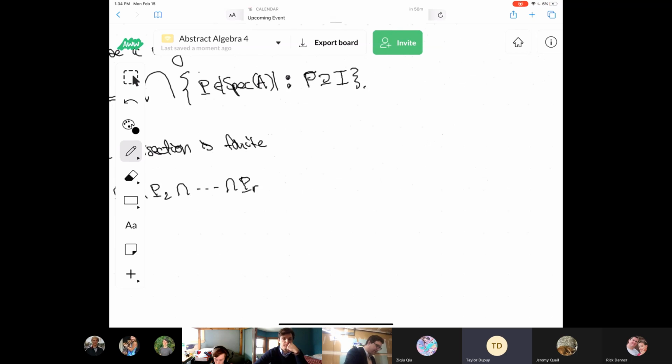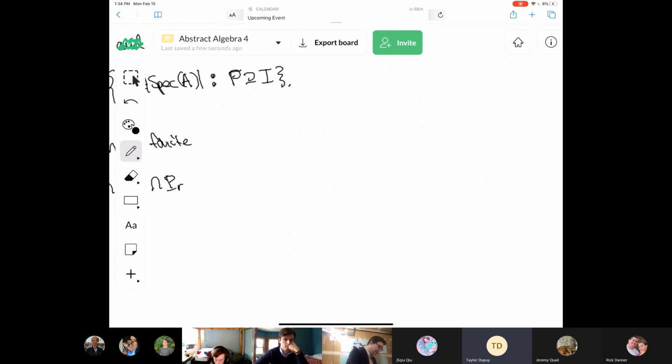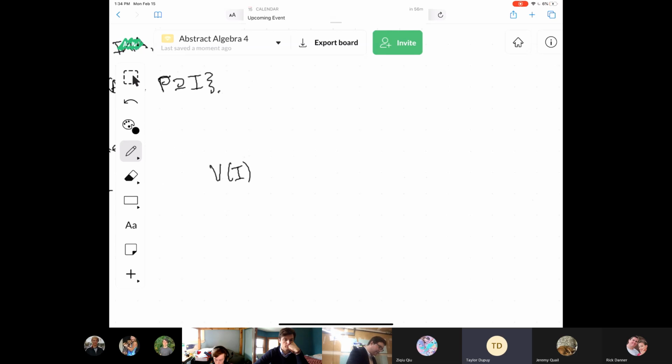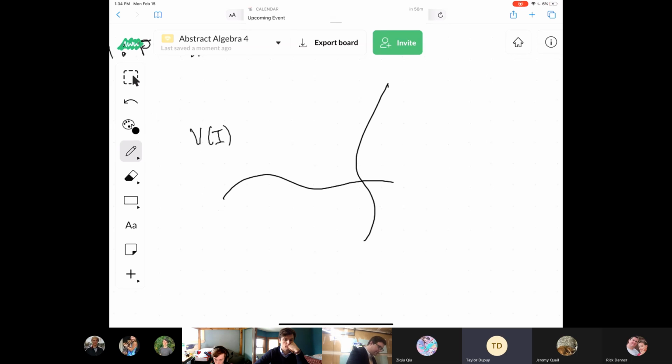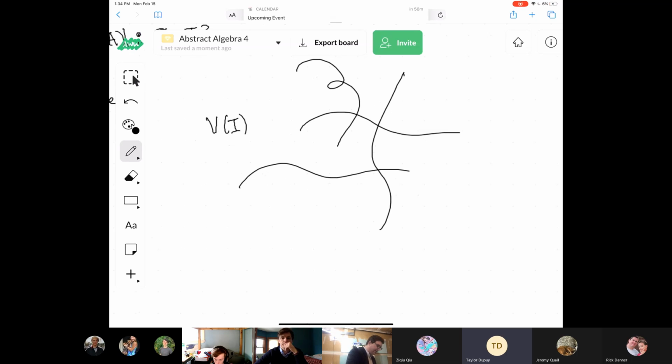The geometric meaning is the following. You'll have V of I, which will look something like this, and V of I is the union of the prime ideals above it.